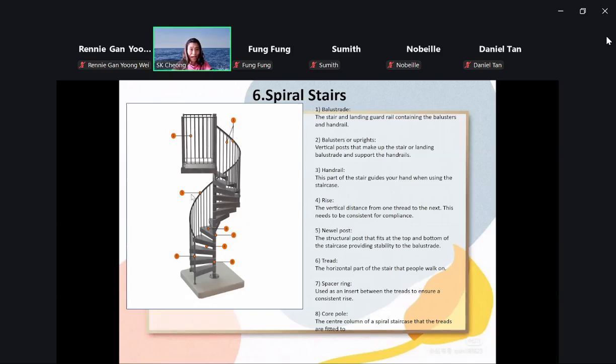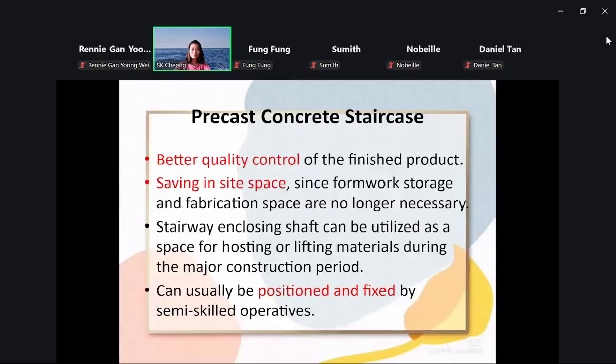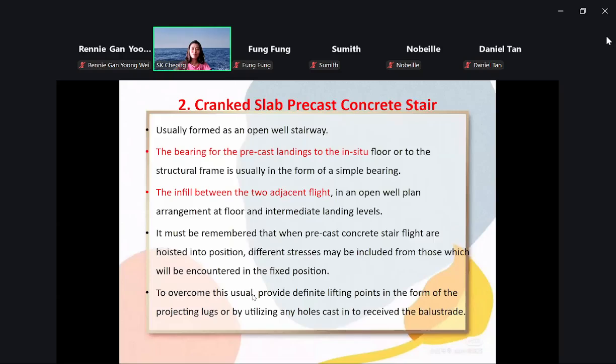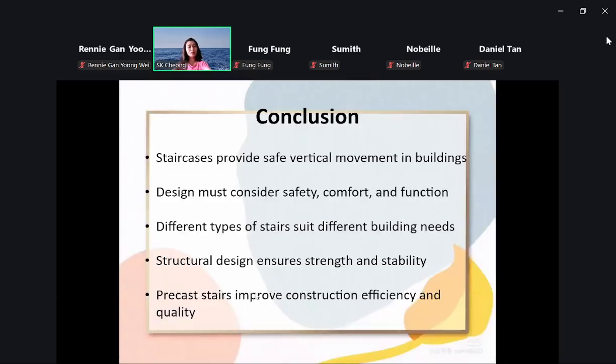This is the handrail, riser and tread. This is just an example. This is more for your understanding, knowledge, types. I think that's it from me.